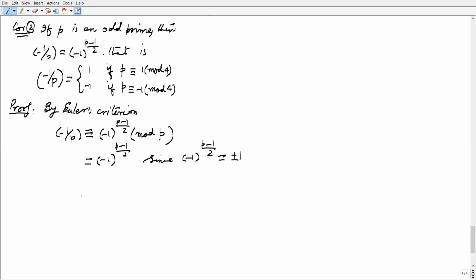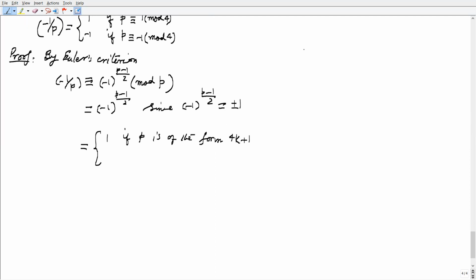So this can also be written as 1 if p is of the form 4k plus 1, because if we have p of the form 4k plus 1, then -1 to the power 4k plus 1 minus 1 divided by 2 is equal to -1 to the power, the 1 and -1 cancel, 2 under 2, 2 times 2 is 4, so -1 to the power 2k, where k is an integer.